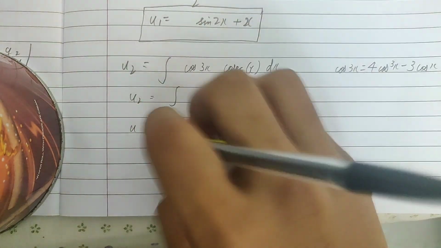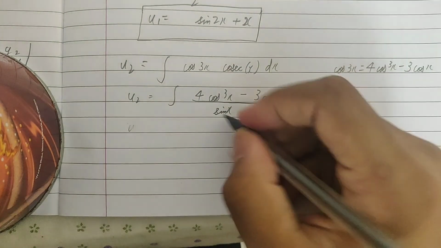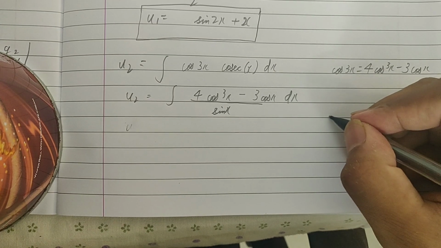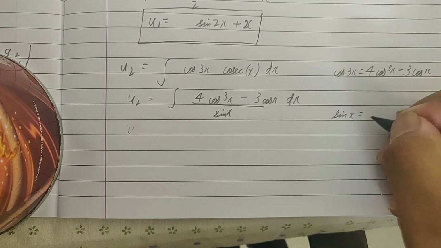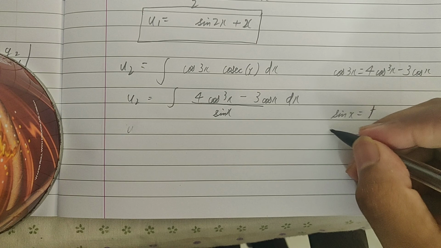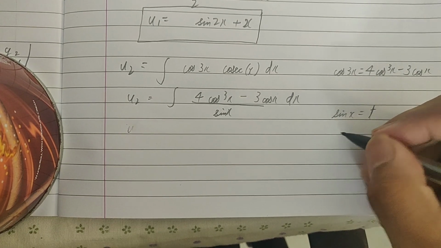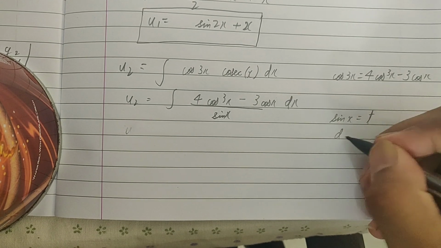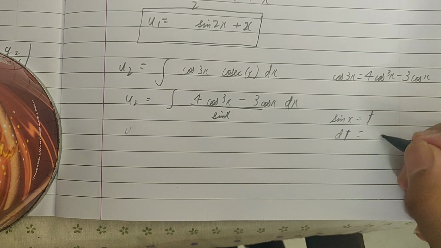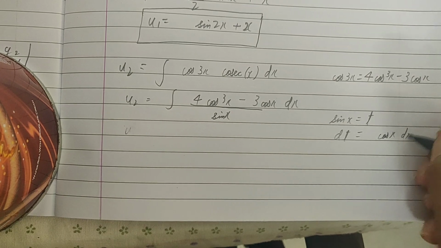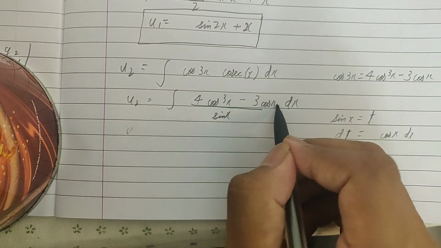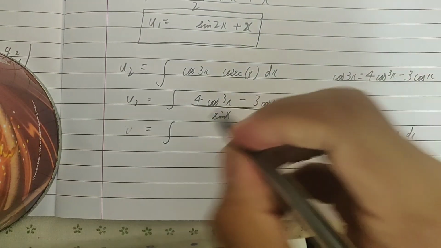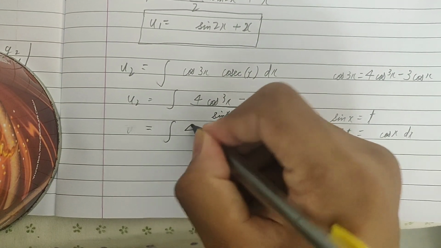Should be clear. Now this next step is pretty important. We'll substitute sin x with t. So sin x is equal to t, and the derivative of this, that is dt, will be given by dt is equal to cos x dx. So we'll take out cos x common from here. Let's not completely write it in terms of t right now, because there's a lot more that can be done.